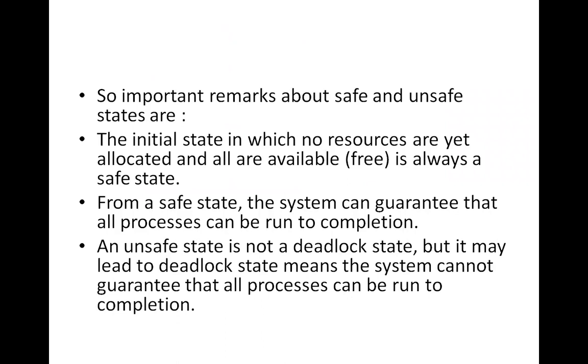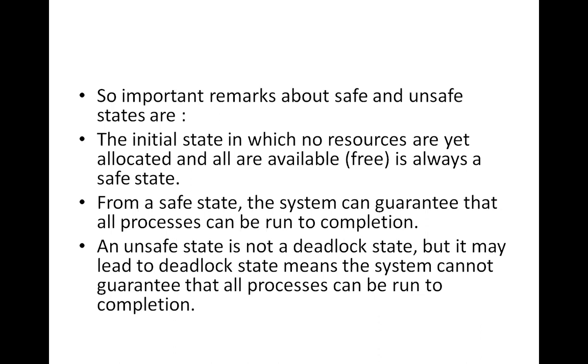Now, the deadlock avoidance algorithm basically performs the allocation of resources in such a manner as to ensure that the system will always remain in the safe state. That is the only idea behind the deadlock avoidance algorithm, just the target of the avoidance algorithm. Whatever the initial state of the system, it is always a safe state.